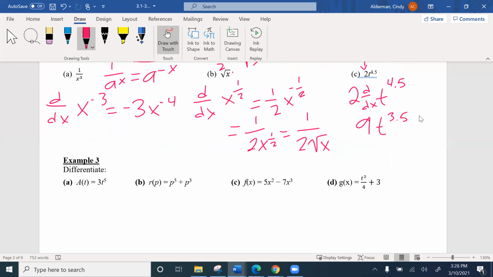Okay, so let's practice using some of the different rules we learned together. So the derivative here, what do you think? Volunteer? Just using the power rule, straight up, not a trick question.